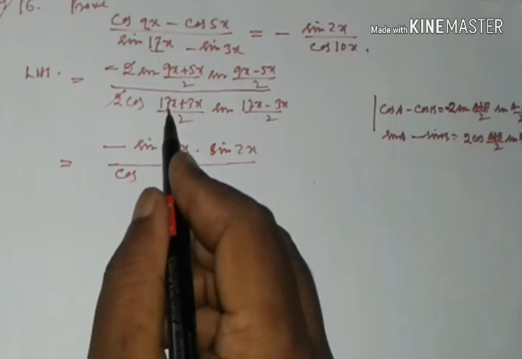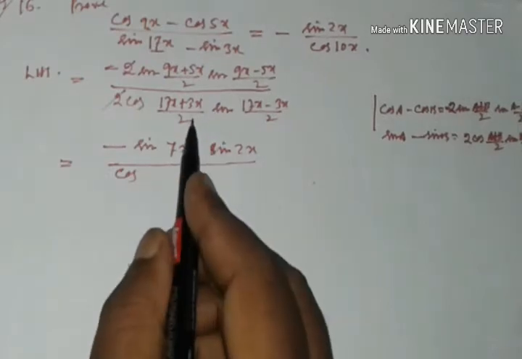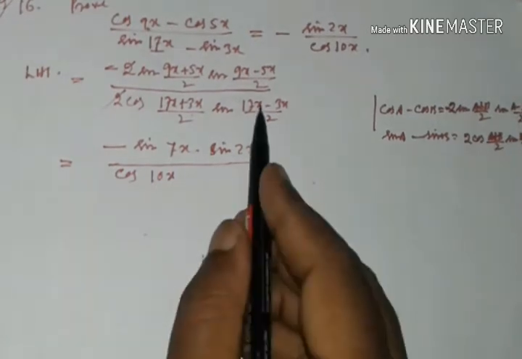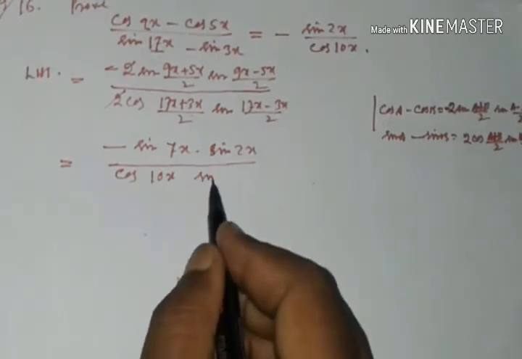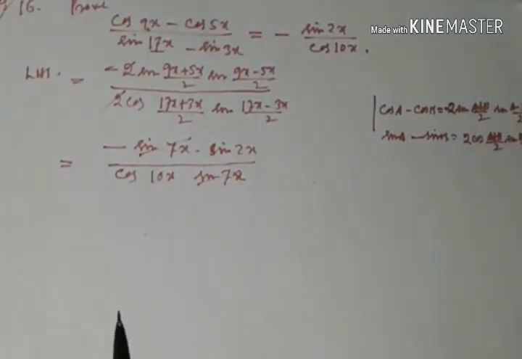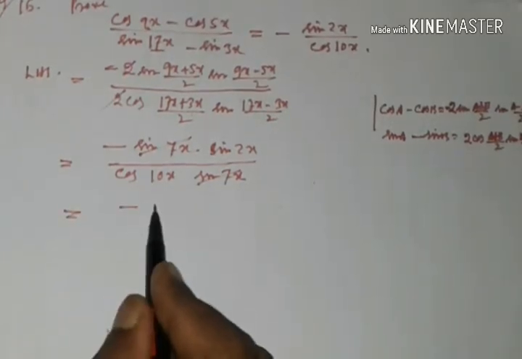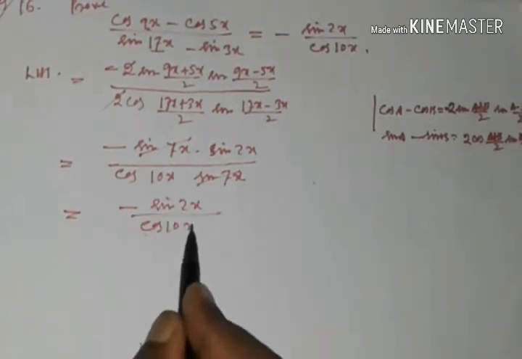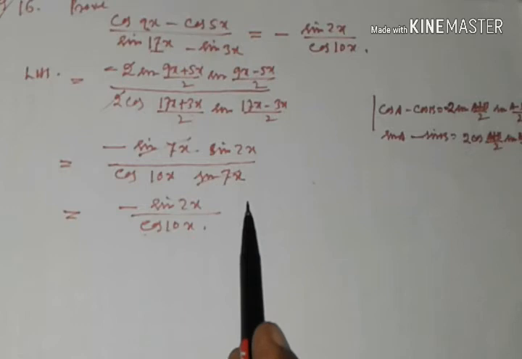Then cos (17x plus 3x), 20x divided by 2, is 10x, and 17x minus 3x, 14x divided by 2, is sin 7x. Therefore we can cut sin 7x and what remains is minus sin 2x divided by cos 10x. With the help of the formula, this can be easily solved.